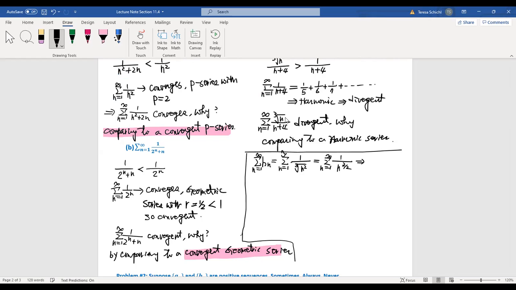This is divergent. Why? Because this is a p-series. I'm sorry, I wrote down the wrong one. This is a cube root, so it's n to the 2/3, with p equal to 2/3, which is less than 1. A p-series converges when p is greater than 1, so this is less than 1. Okay, so now I know this is divergent.